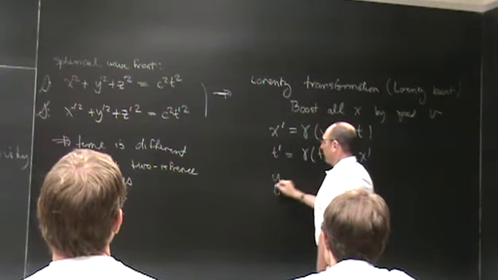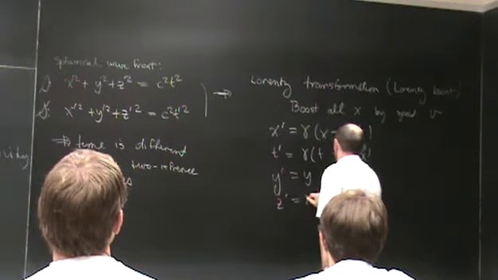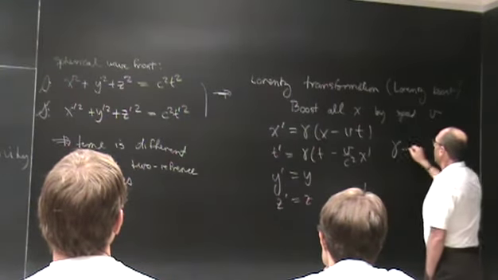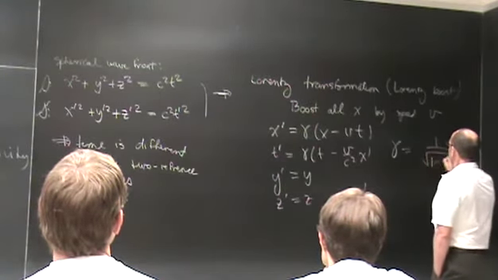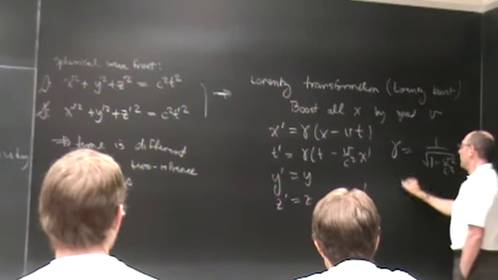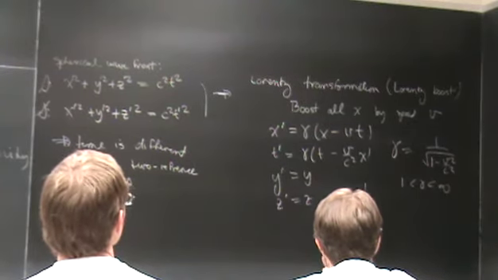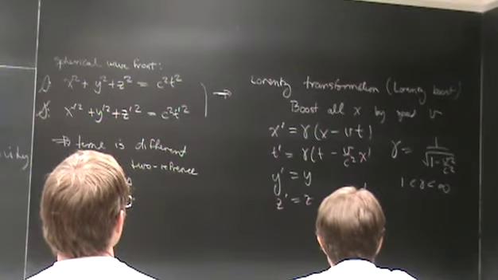And since we've made the boost along x, the y and z coordinates are unchanged, where gamma is the relativistic factor, which goes between 1 and infinity as v goes from 0 to the speed of light. Okay? Well known.